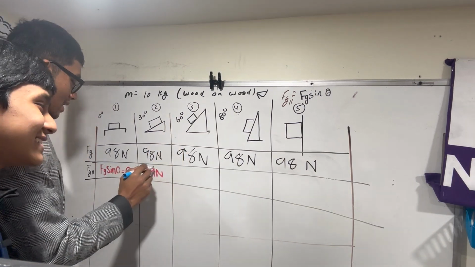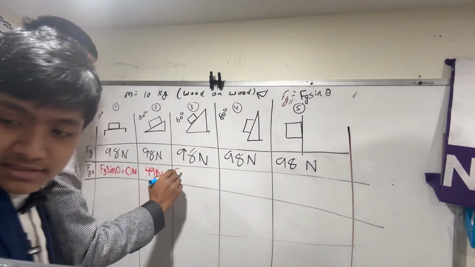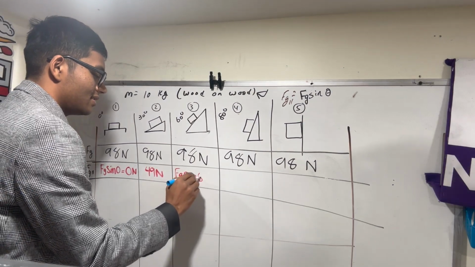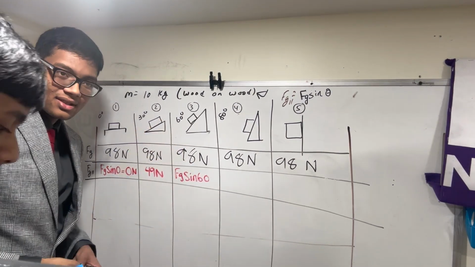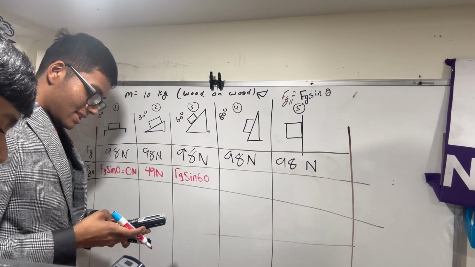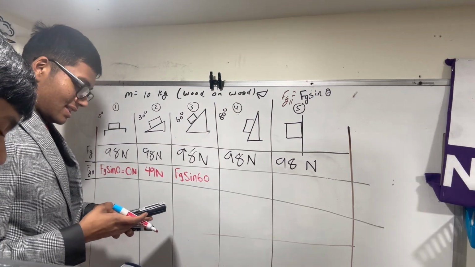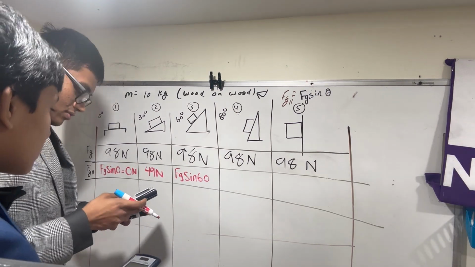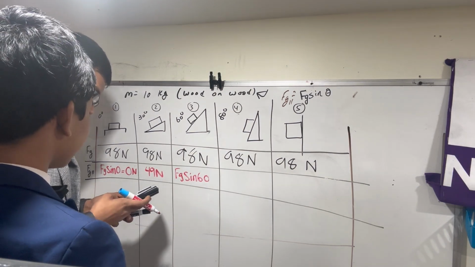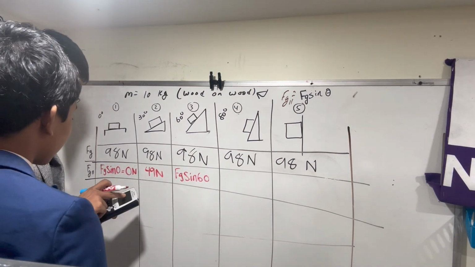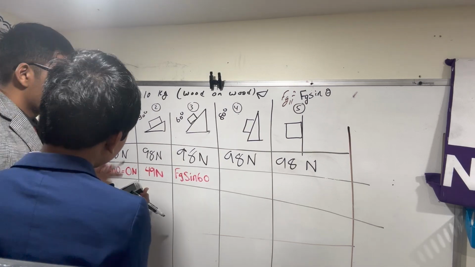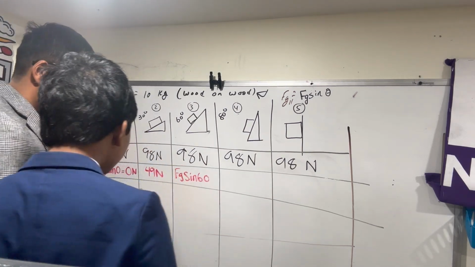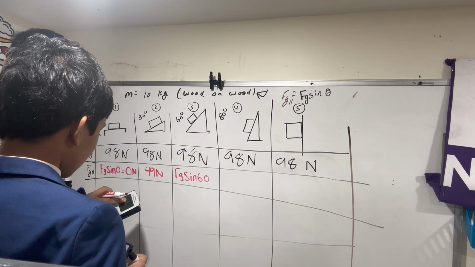Next one is sine of 60. Okay, we have 60 degrees. So sine of 60 times 98 is 80. Oh, well, 1 second. It's 77. I think I'm in degrees. Oh, 84. No, it's 77. Why am I getting 84?